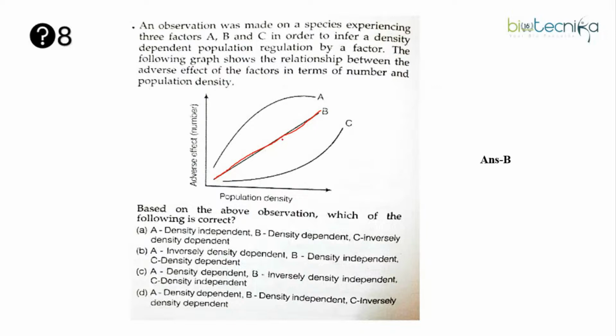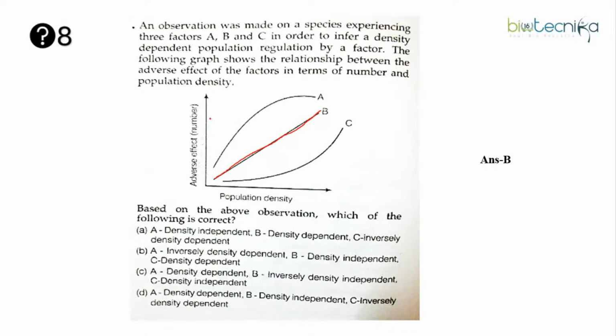This is heading straight, a diagonal. And as you can see here, this adverse effect doesn't have any direct relationship to the population density. It's not having any particular impact. So we can say this adverse effect is density independent.